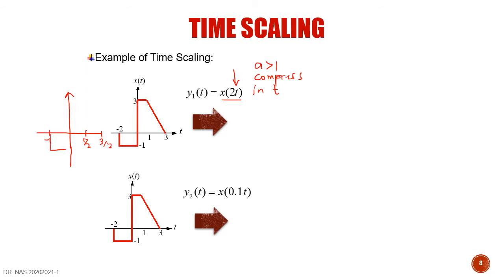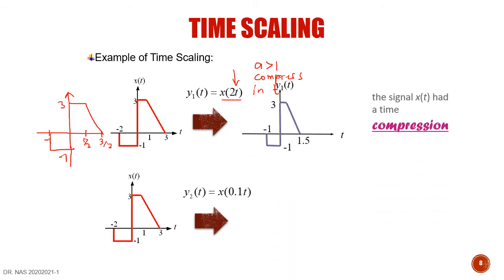So here minus 1, and on top here is 3, and go down there, so the amplitude is this. 3/2 is 1.5, and the signal is compressed in time.